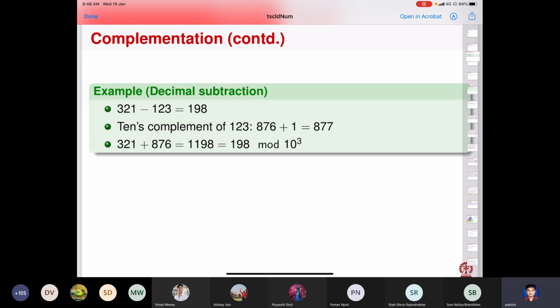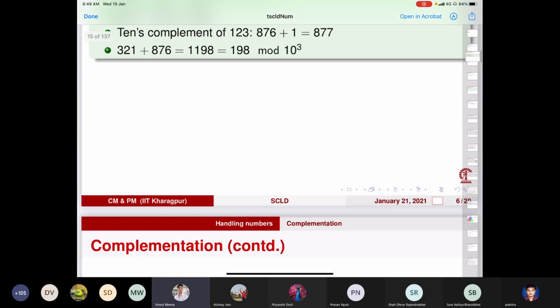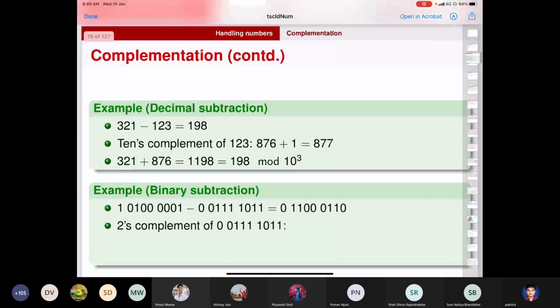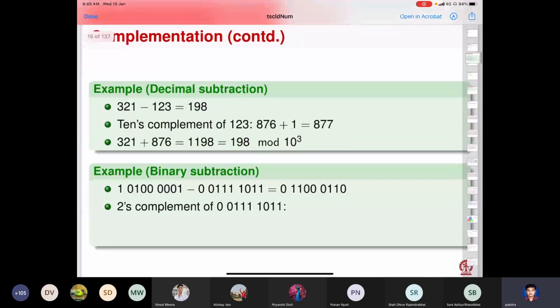We are coming to that. For positive integers, everything is fine. We now know how to subtract numbers. That's all we know so far.